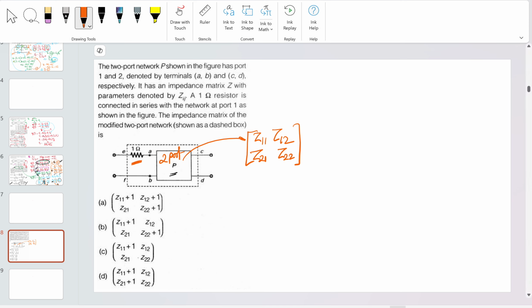You have to find out, if you add one element in series, how this Z matrix will be transformed. Find the new Z matrix, Z new. This was the Z old. By adding 1 ohm series impedance, what will be the value of Z new? Try to solve.